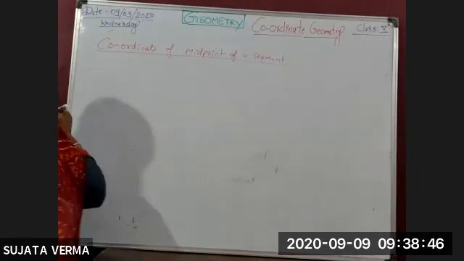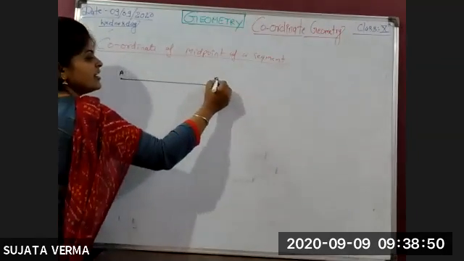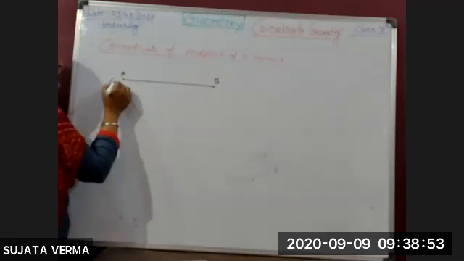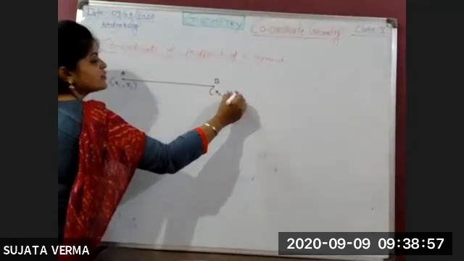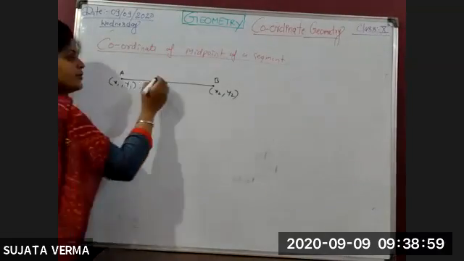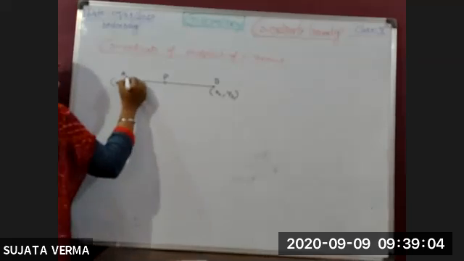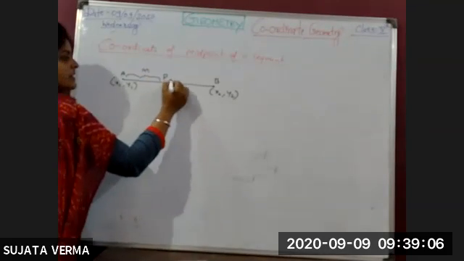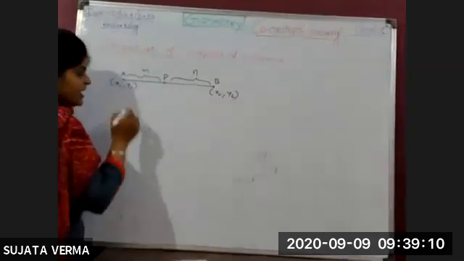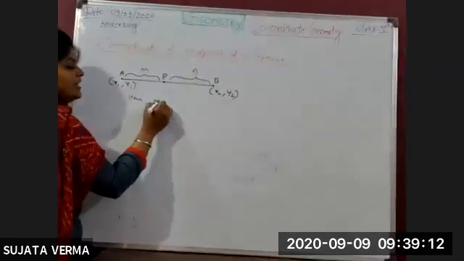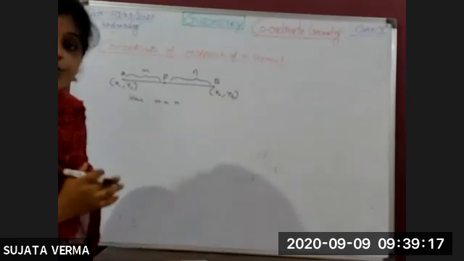Now, first we draw a line segment AB, A having coordinates x1, y1 and B having coordinates x2, y2. Suppose here is the point P. Here M is equal to N.